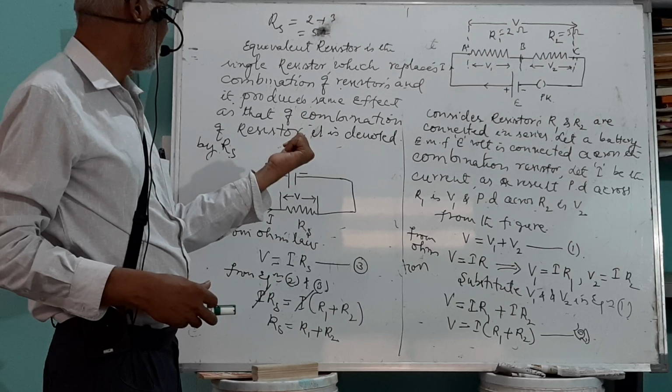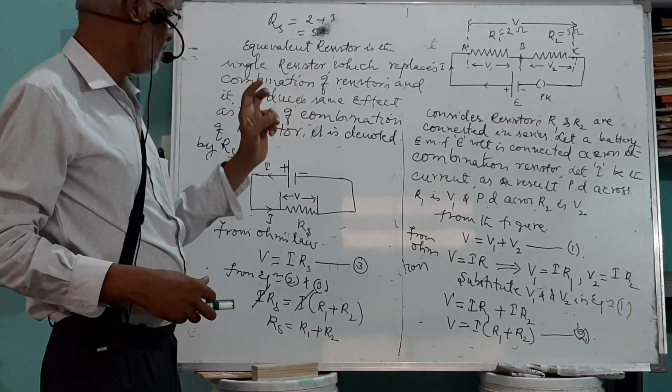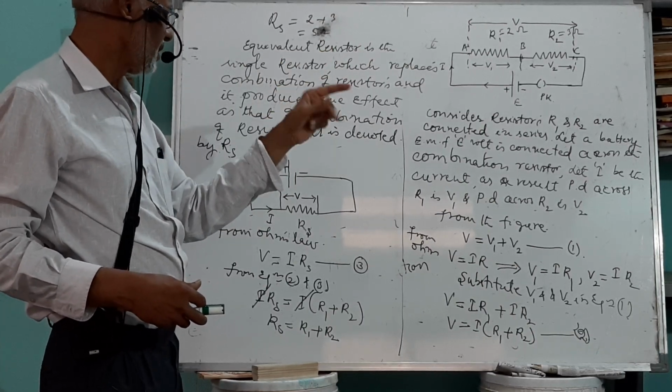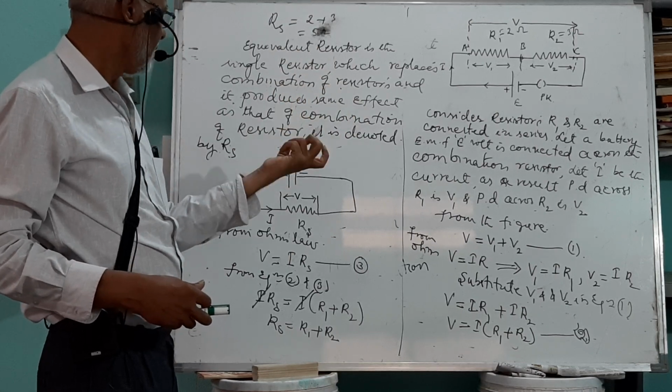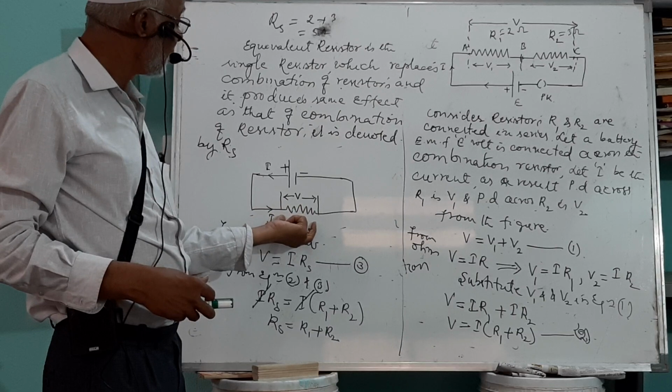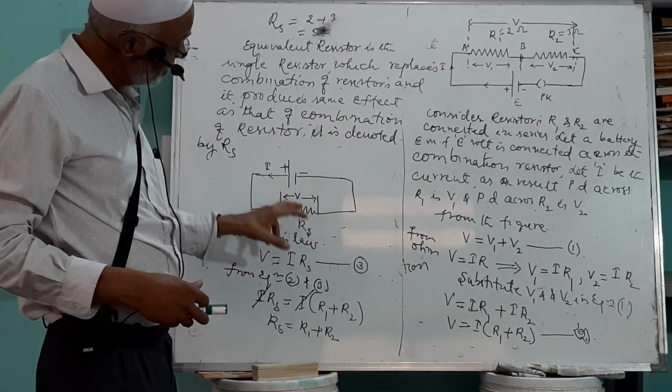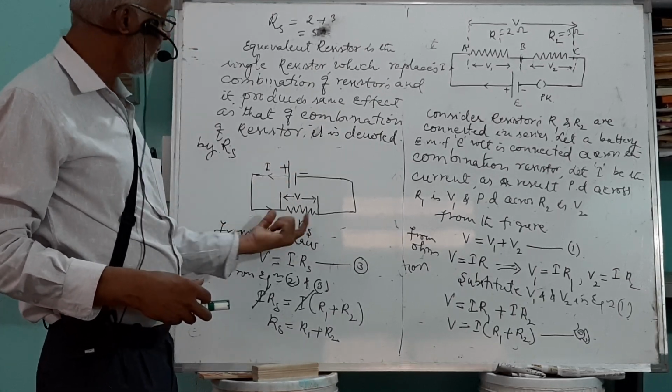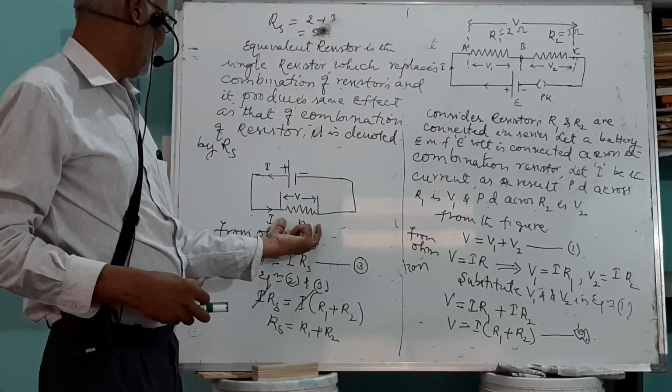Suppose in the presence of two resistors the cell draws 5 ampere of current. If this resistor is able to draw 5 ampere of current, we call it the equivalent resistor.